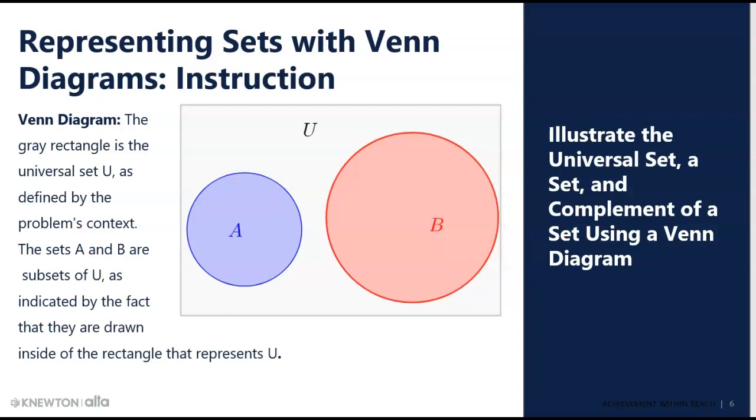So as an example, if we were talking about the numbers 1 through 15, I'm going to say U is the numbers 1, 2, dot, dot, dot, 15. And let's say set A was the even numbers less than 5.